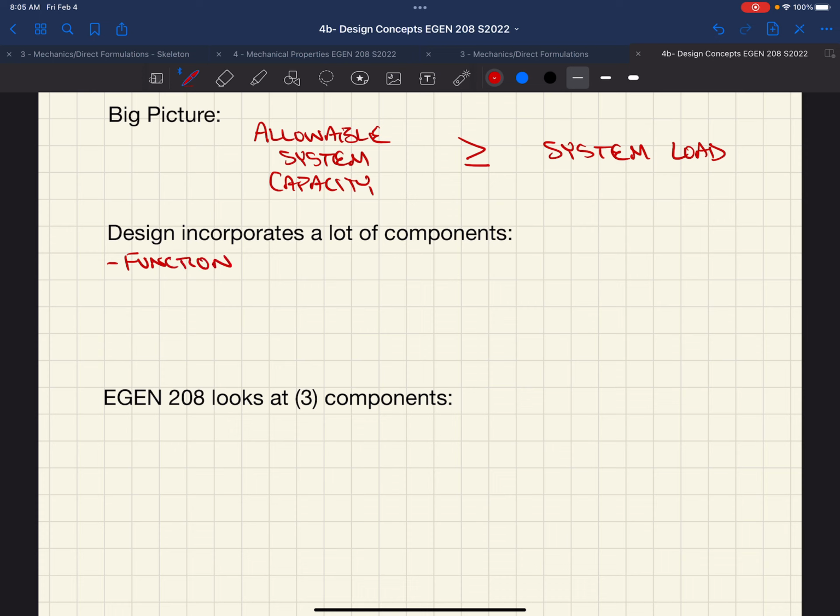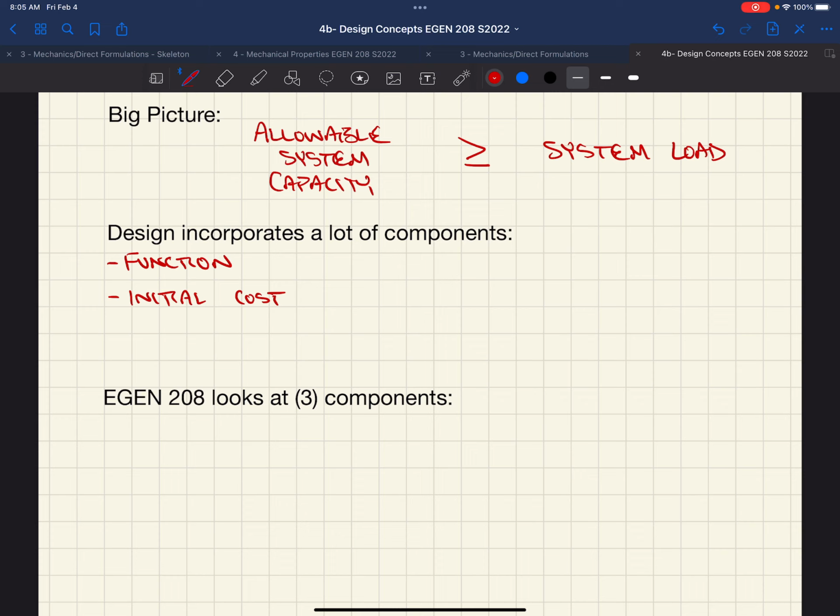If it's a desk, a medical instrument, a bicycle chain, things like that, it's got to serve its function. Money drives everything, okay? So obviously, initial cost becomes an issue. We want to make sure that we don't go broke trying to design or build this component.